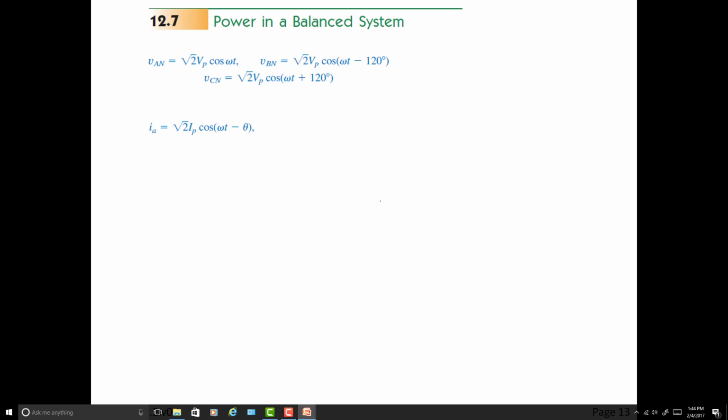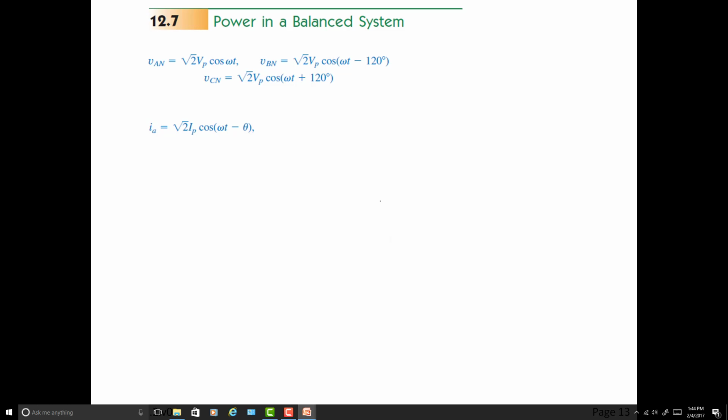And now we're going to allow for an offset, right? This is a line current, which is the phase current in the Y system. And it turns out this will be independent of the Y or delta configuration. But we've added now a phase shift.